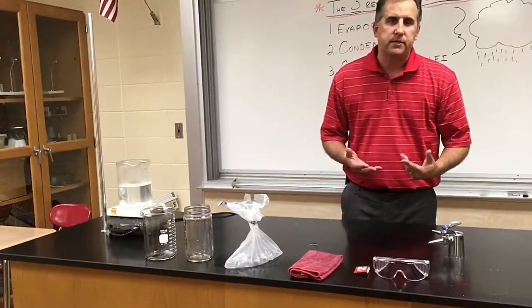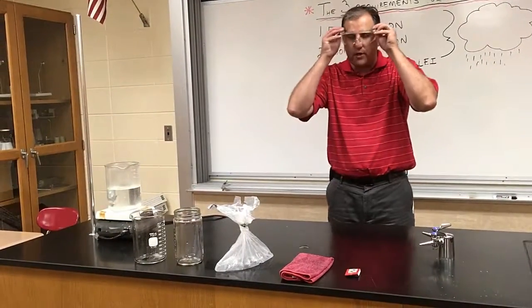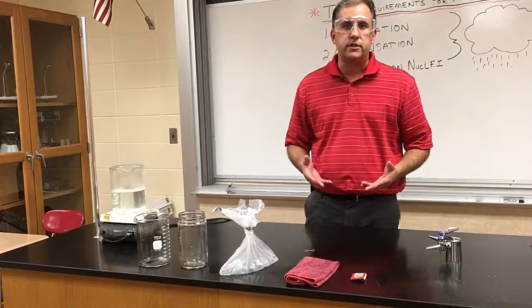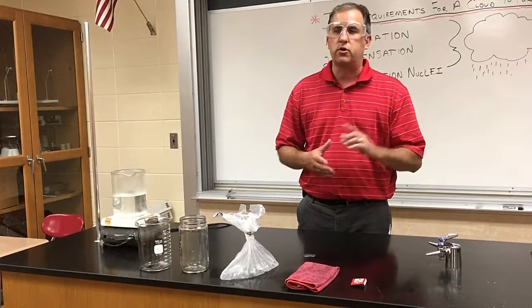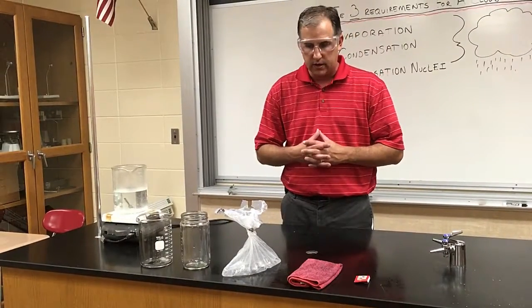The first step is to put your safety glasses on. And why are we doing this? Because anytime you conduct an experiment when you're using boiling water or matches, it's always important that you wear safety glasses and also have an adult present so they can supervise the experiment that you're doing.